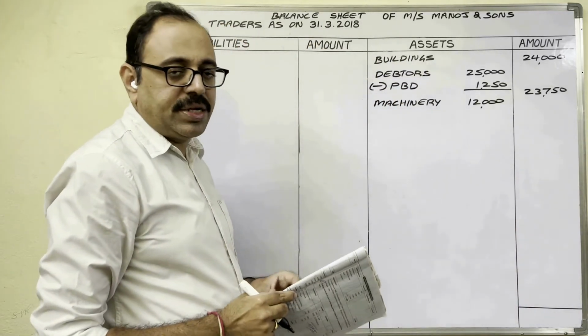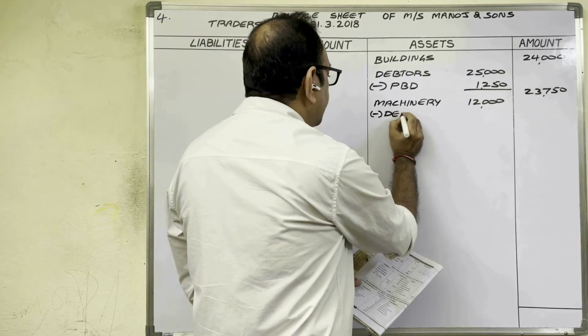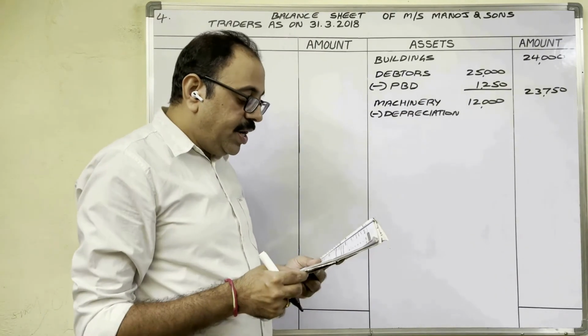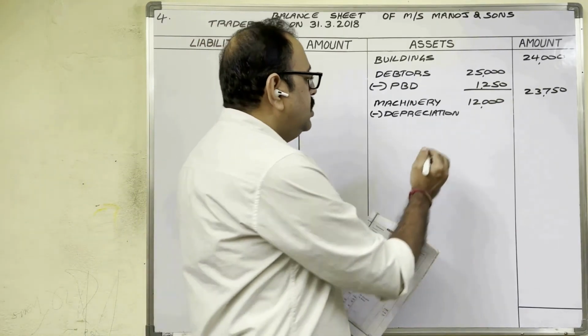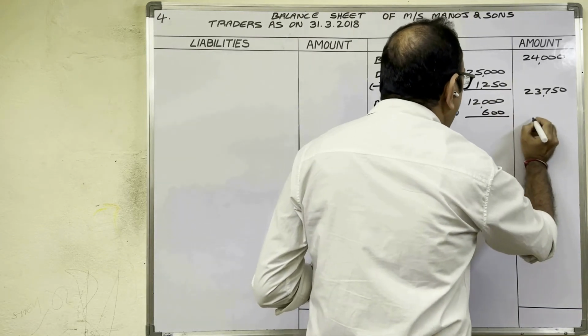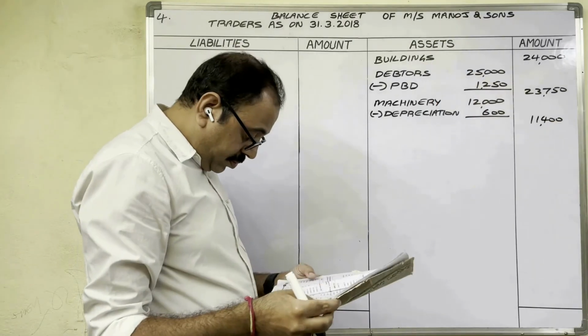Depreciation we have to subtract. Minus depreciation. Depreciation is directly given in the adjustments. Fifth point: depreciation on furniture 200 and machinery 600. 600 rupees. Remaining amount in outer column 11,400 rupees.